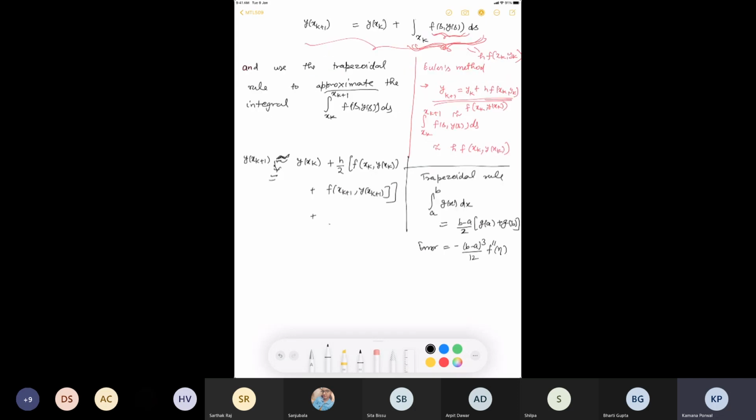So if you add this error part, you will have the equality, right? The exact value is nothing but the approximate value plus the error. So this error is nothing but I(g) minus the approximate value.